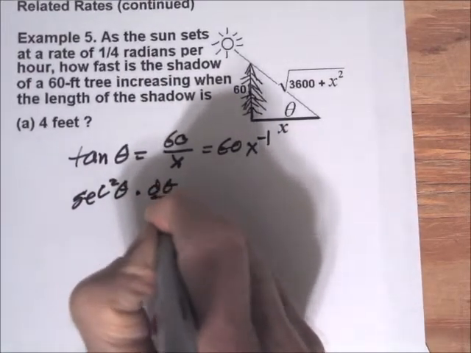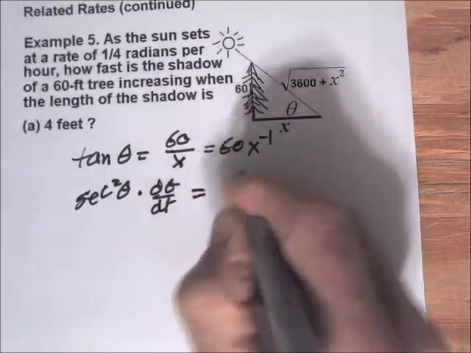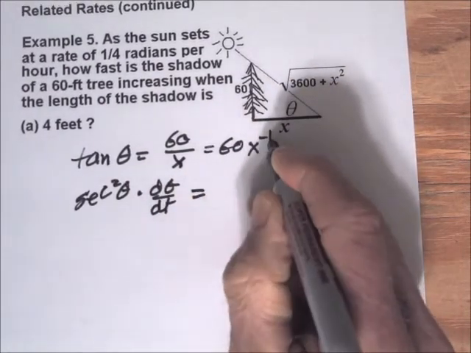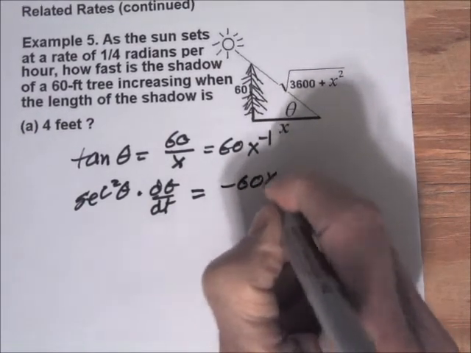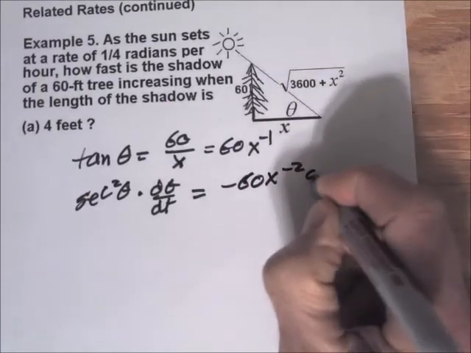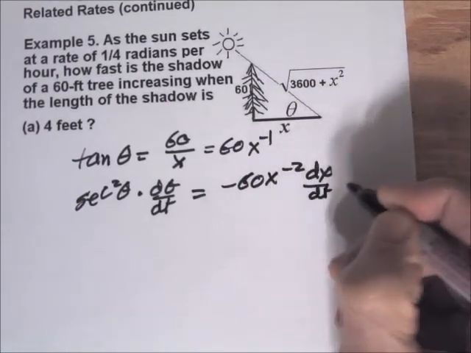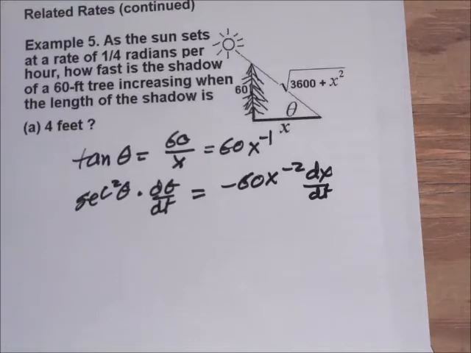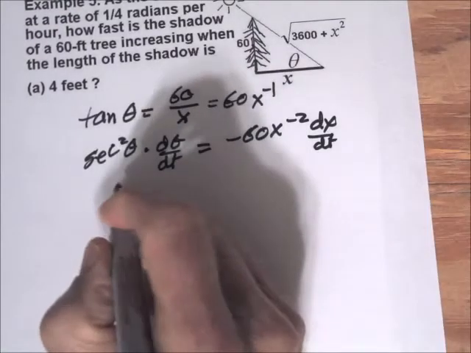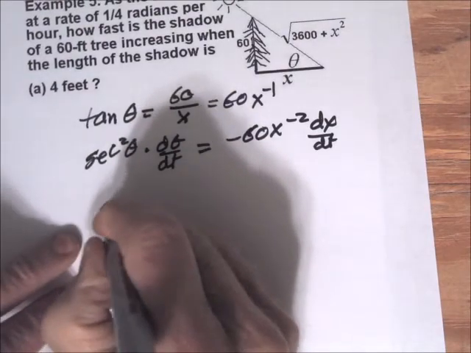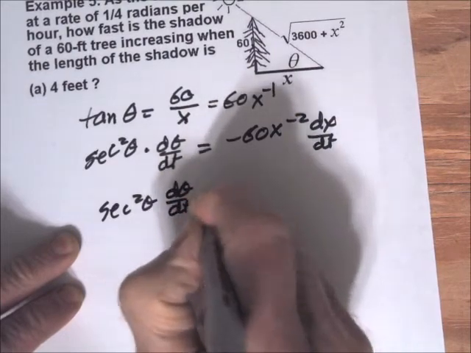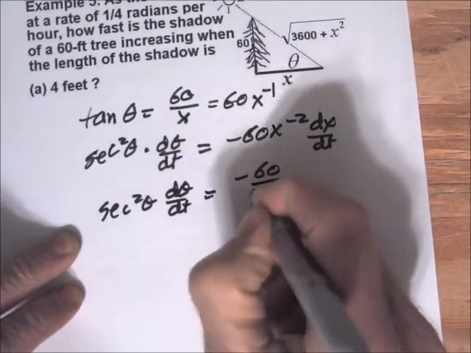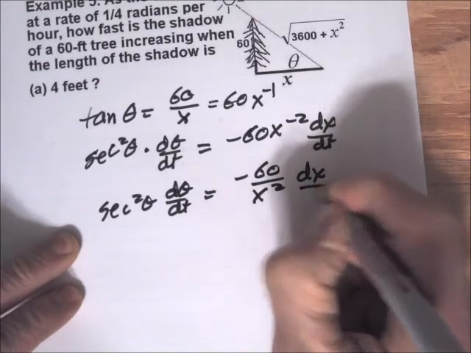So we want the derivative with respect to time, and this is equal to, we can use the power rule here. Minus 1 comes out in front. Minus 60 x to the minus 2 times dx dt. So we can write this as secant squared theta d theta dt is equal to minus 60 over x squared dx dt.